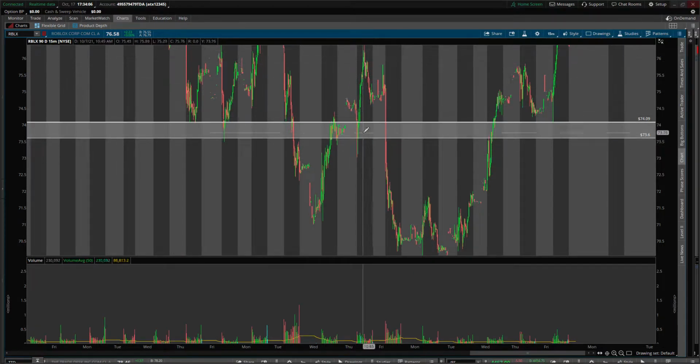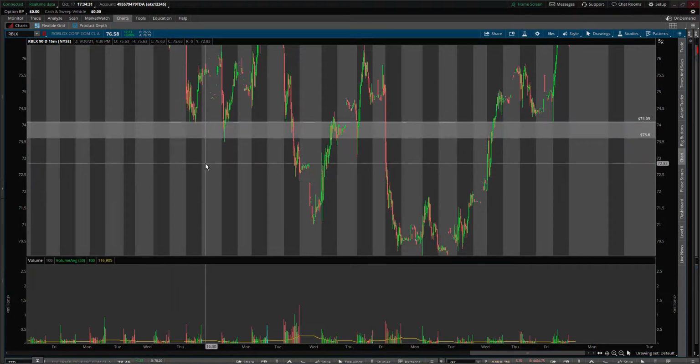If I mark this as a demand zone, for example, where I say normally buying occurs here, you can say, okay, well, we broke down and it didn't really work that well. But what I'm trying to say is that generally one will occur more than the other. Either it will be bought up or sold off more often than not at these levels.